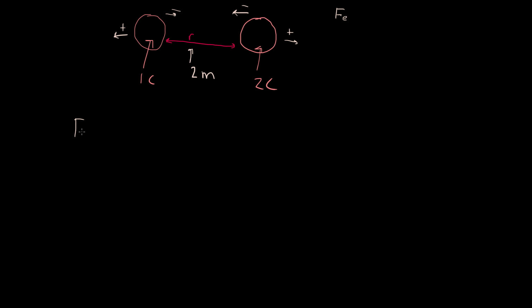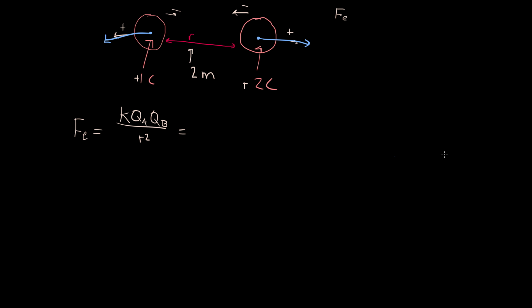So the force between them, the electric force, is, of course, K QA QB over R squared. So let's plug that in. And before we even get to the equations, let's just think about what we expect to happen. We're seeing 2 positive charges. Really, this is a positive 1, this is a positive 2.